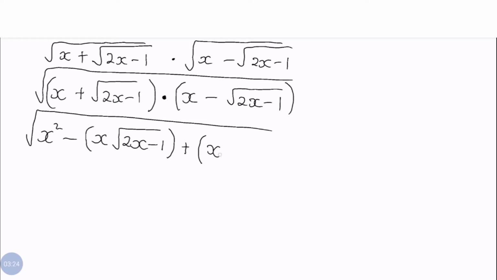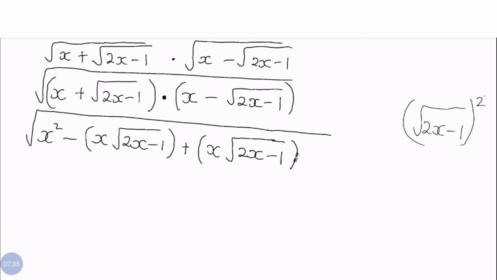So it's this multiplied by that. So it's x root 2x minus 1, close bracket. So the last part is the square root of 2x minus 1 multiplied by the square root of 2x minus 1. It is the same as the root of 2x minus 1 squared.